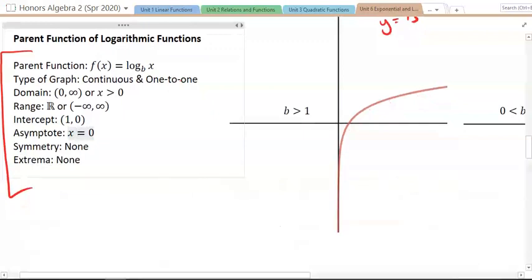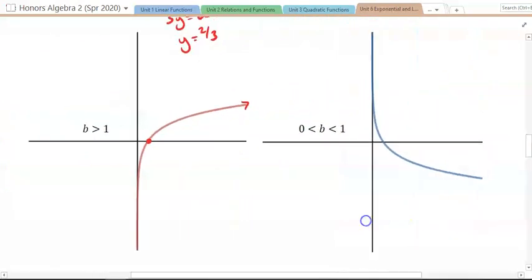Okay, so the other keys, the range is all real numbers because this is going to grow forever. Again, it doesn't look like it's growing very fast, but it's still going upward. And our intercept is going to be at (1, 0). Okay, and so that's what we have there. And again, if our b is between 0 and 1, it is decreasing as we go from left to right.